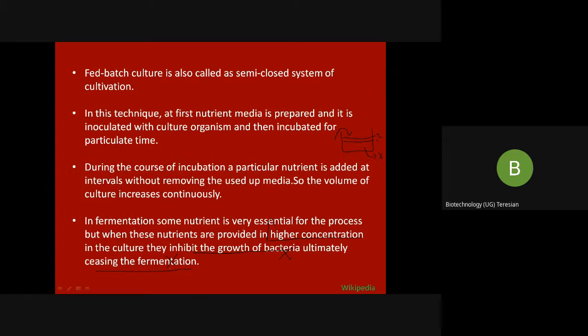So this should not happen. That is why we are using the fed batch culture, wherein a particular nutrient which is useful for the growth of the organism to provide the final product, we are adding it in intervals.